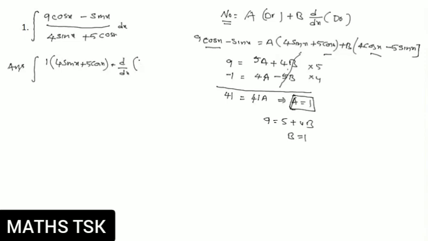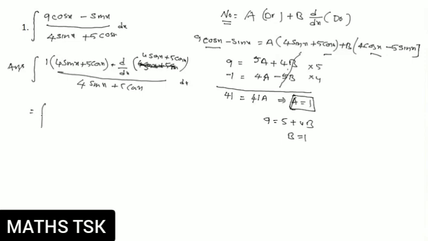D by dx of denominator is 4 cos x minus 5 sin x, by 4 sin x plus 5 cos x, into dx.